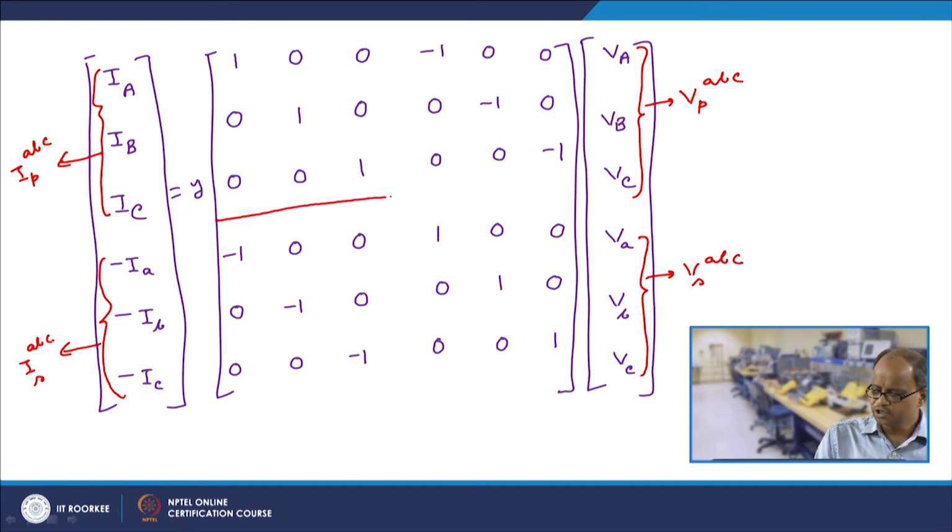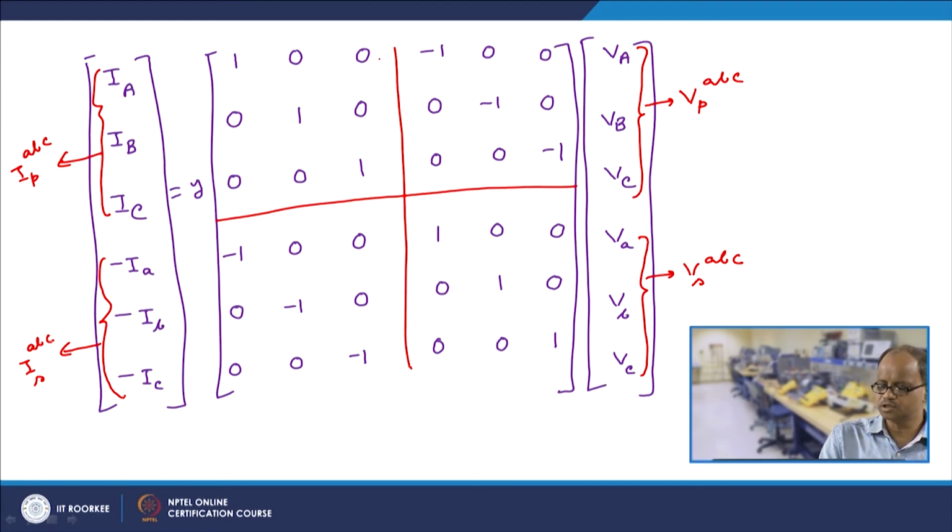Now if I partition it, this 3 cross 3 portion is Y1 matrix, this 3 cross 3 matrix is Y2, this is Y3, and this 3 cross 3 matrix is Y4.